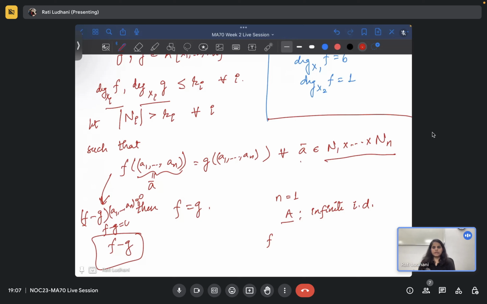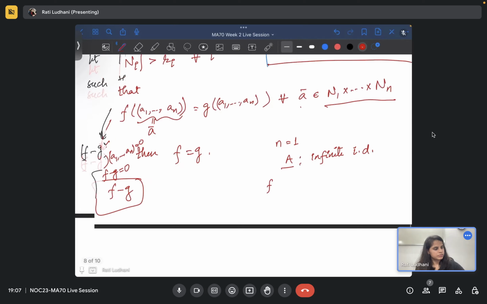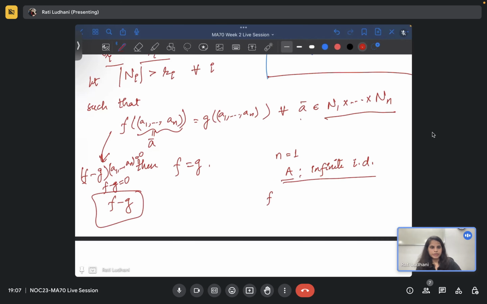So you are saying if h is 0 on a big set, then h as a polynomial itself is 0. So for example, you take A to be an infinite integral domain and n equals 1, and you take f(x) to be something, right now I'm taking some general one.